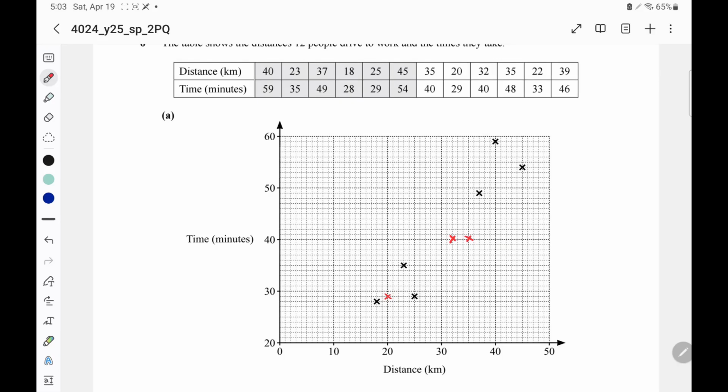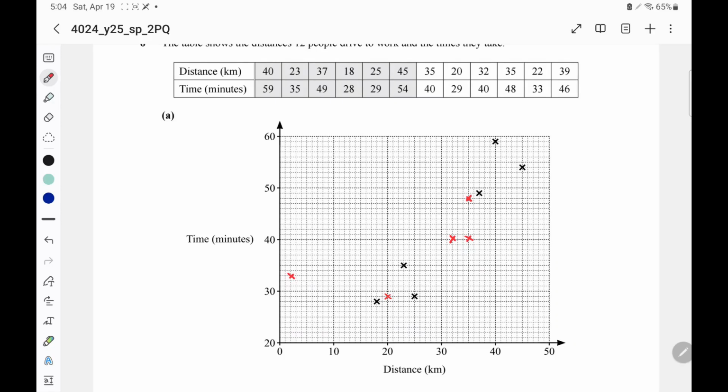The next point is 35 and 48. Then the next point is 22 and 33.